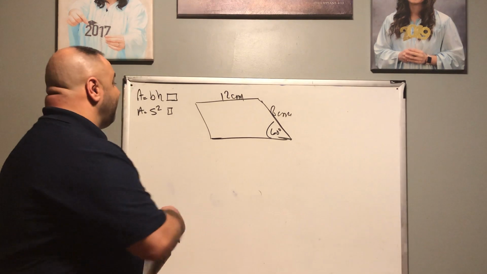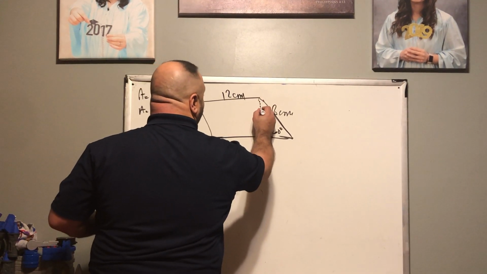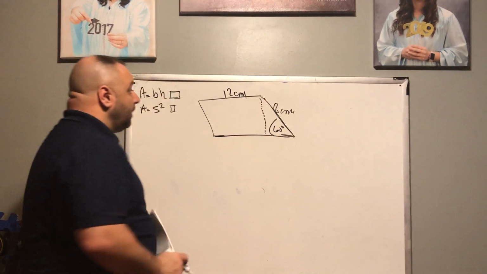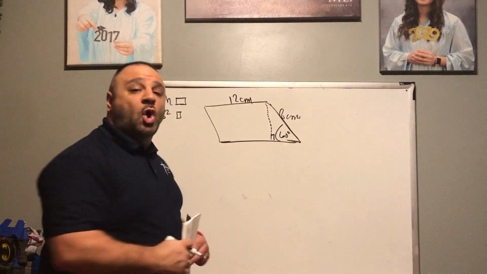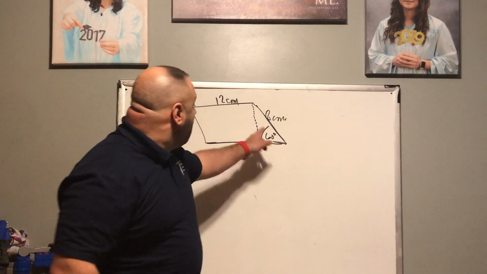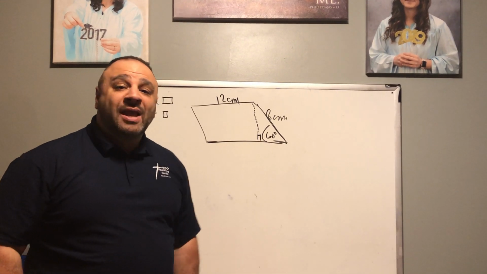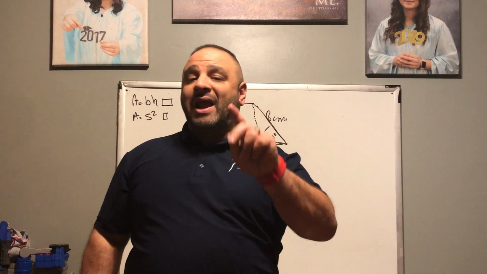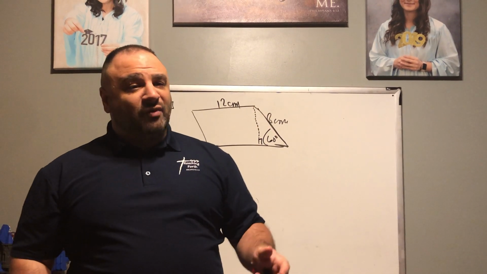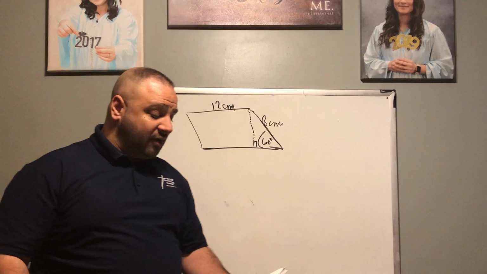Very good. So if I am going to draw an altitude here, remember, the altitude is always a perpendicular line which forms a right angle. Now, class, how do I find the side of a right triangle? Does anyone remember how to find the side of a right triangle here?